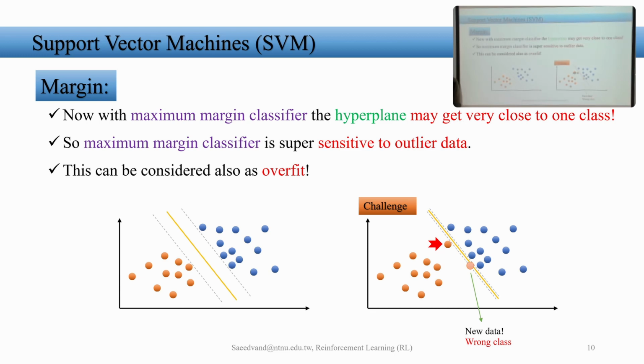Let's say you are an engineer at the point that they invented the maximum margin classifier and you want to improve it. So what do you think you can do? Yeah?